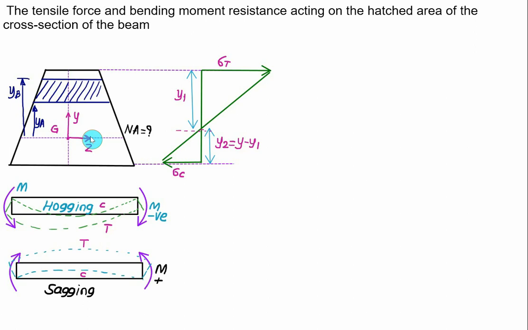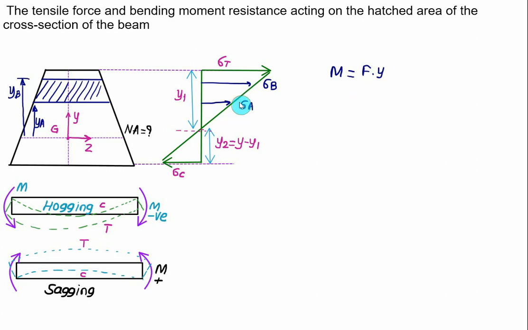Now here the distribution is going to change from YA. At YA we have a stress equal to sigma A. At YB we have a stress equal to sigma B. And since we are interested in the moment, which is defined as a force multiplied by the perpendicular distance from the neutral axis, that is y.